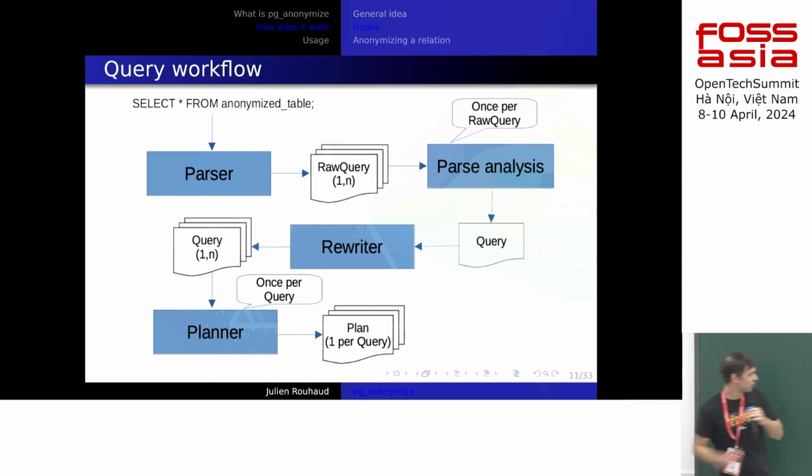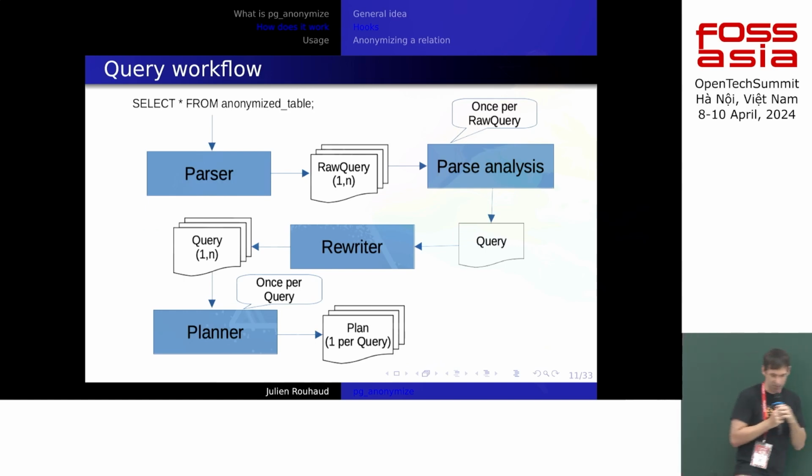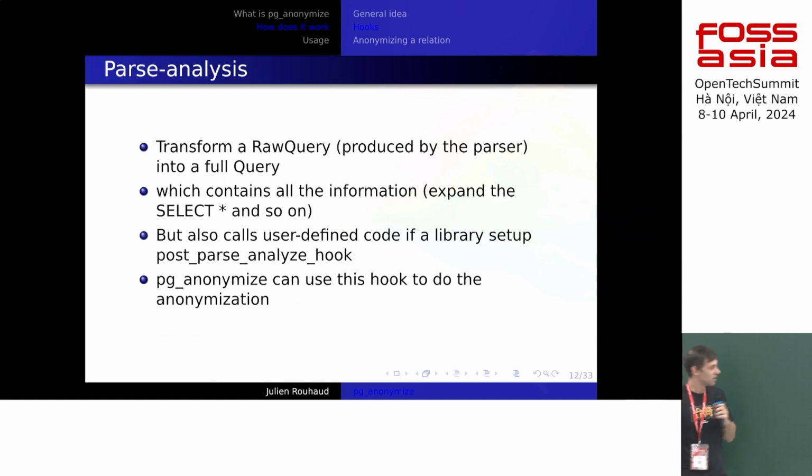We will focus here on the parse analysis, which is what happens right after the parser. It transforms a raw query into a full query, which contains all the information you need to fully identify all the objects in your query. For instance, if you do a select star, it will transform the star into select phone number, name, full name, everything.